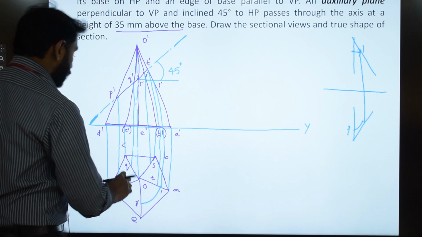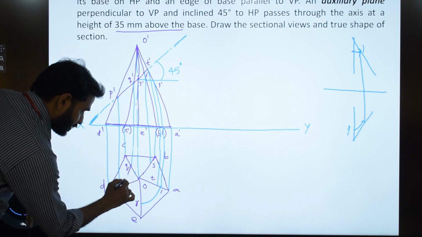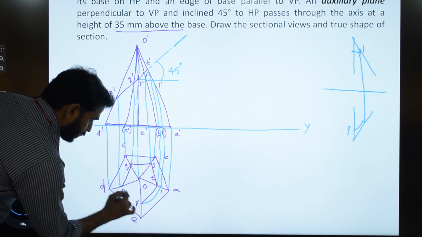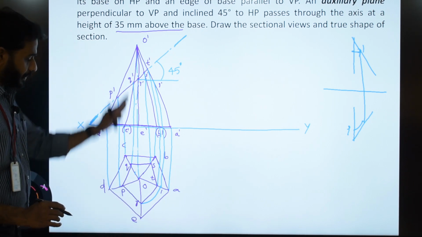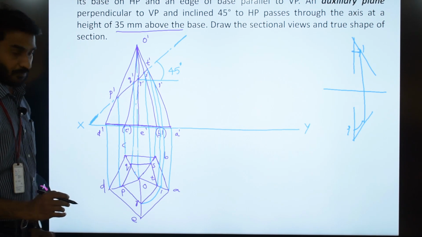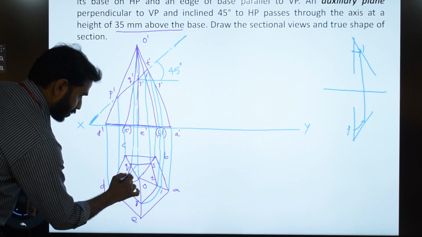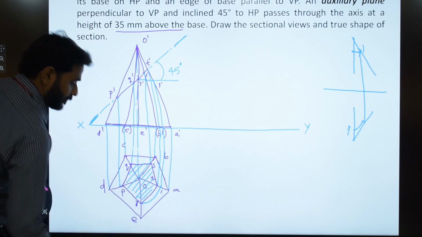Now we have located all the top view points. Now just join PQ, RS, PQ, RS. Now this is the sectioned surface which you will see in the top view. So you need to draw hatching lines in order to identify this as the hatched surface.